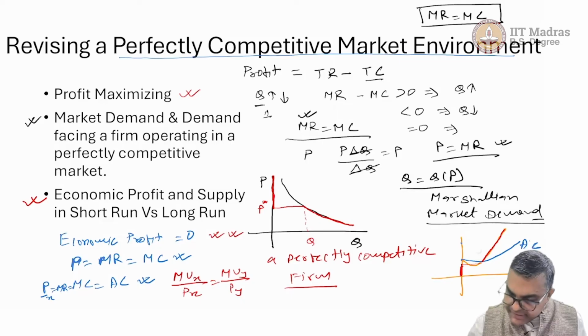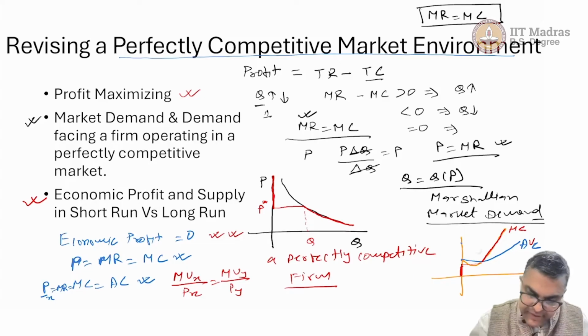And we can say this is the average variable cost curve, because in the short run what is interesting is that we have to worry about average variable cost. In the long run we have to talk about the average cost curve, but these things go through. So that is the basic understanding we had from the perfectly competitive market environment.